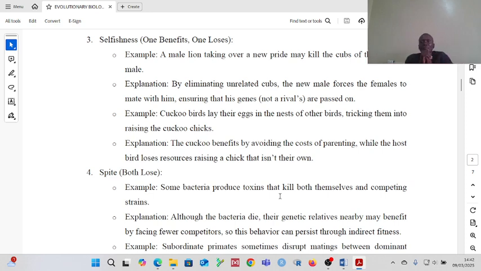Selfishness. How is the cuckoo benefiting? The cuckoo is benefiting by avoiding the costs of parenting, while the host bird, in whose nest the cuckoo laid eggs, will lose because it is using resources to raise a chick that does not belong to it. So it is a type of social interaction, selfishness. One is benefiting, the other one is losing.